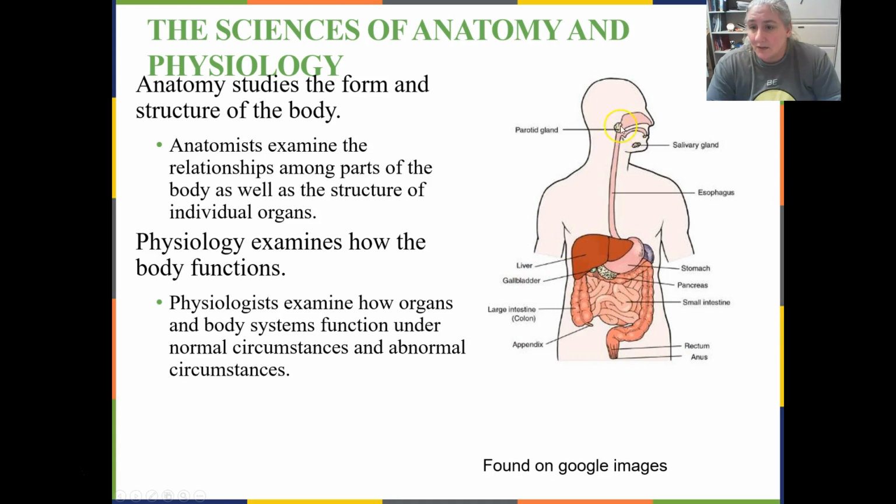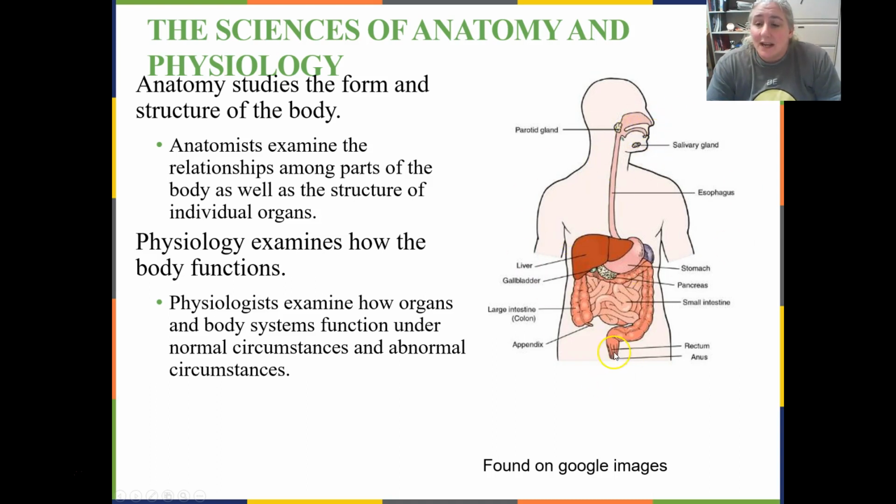It goes down through the pharynx, the esophagus, the stomach. We've got the small intestine, and then we have the large intestine. We have a lot of different accessory glands, like our salivary glands. We have liver. We have our gallbladder right there. We have our pancreas. Those are all parts of the digestive system. We also have a tongue and teeth.